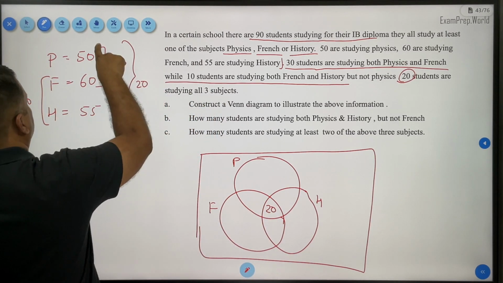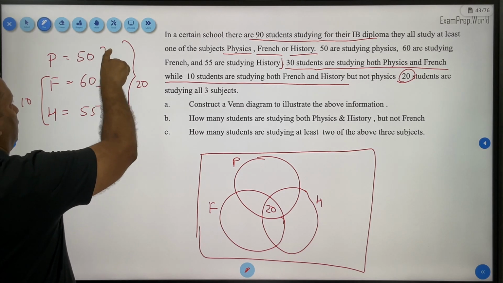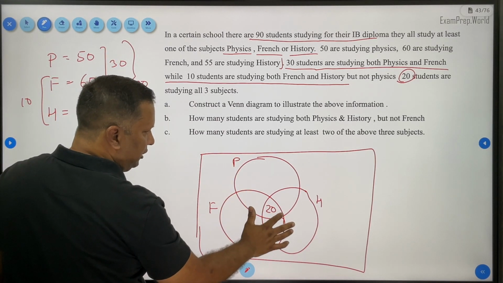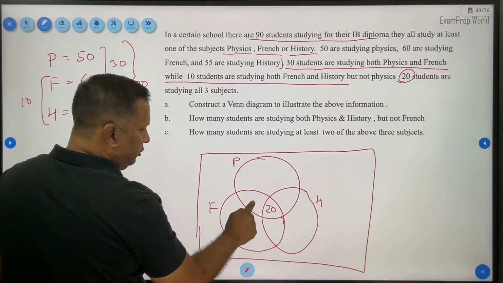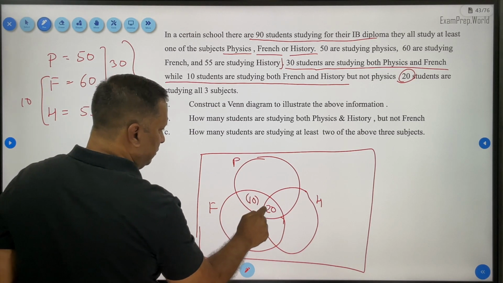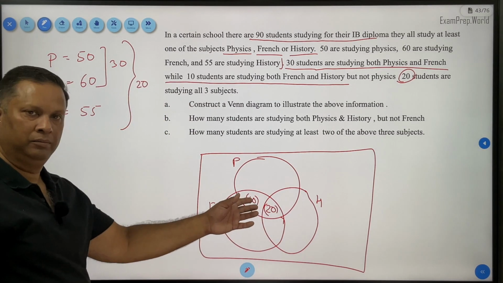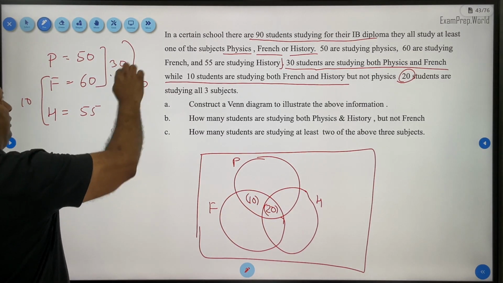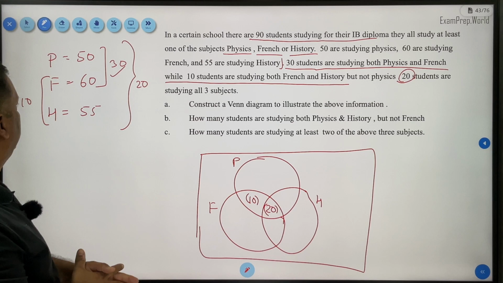Now look at this, physics and French, 30. Inside this, it should be 30, but 20 is already there, so I am going to write 10 here. So now 30 students are included, and this part has been taken care of.